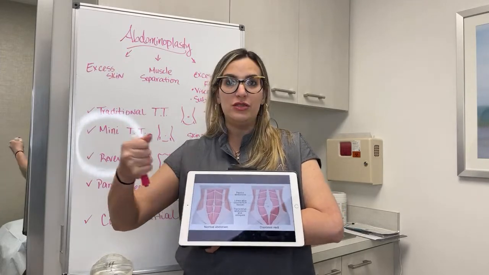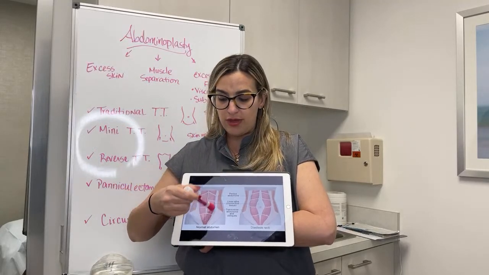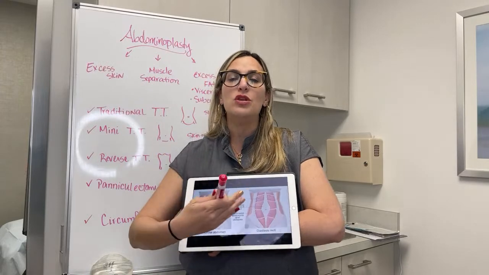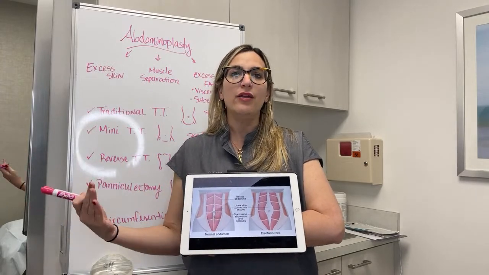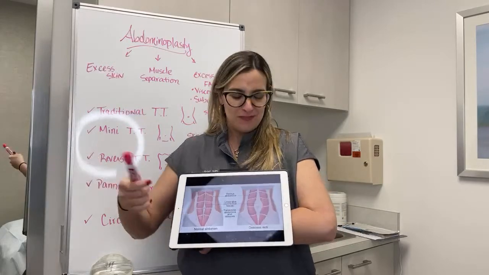These muscles tend to separate in the middle like this. So the two muscles, rather than being close together, separate to allow the abdominal wall to distend and create a beautiful baby or have fat inside.